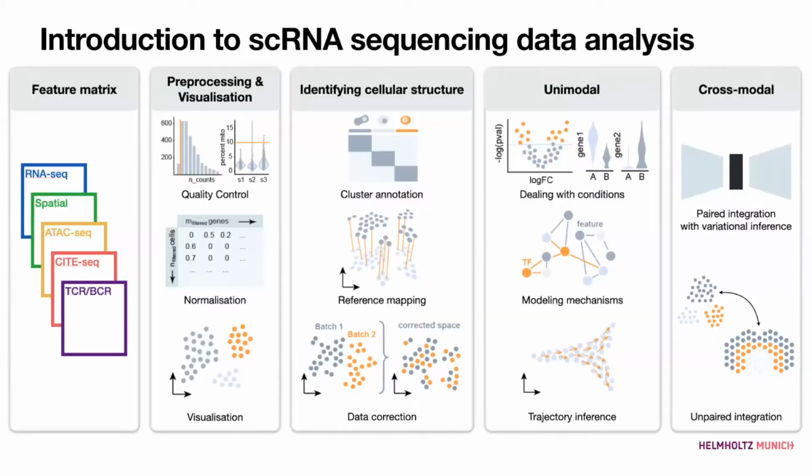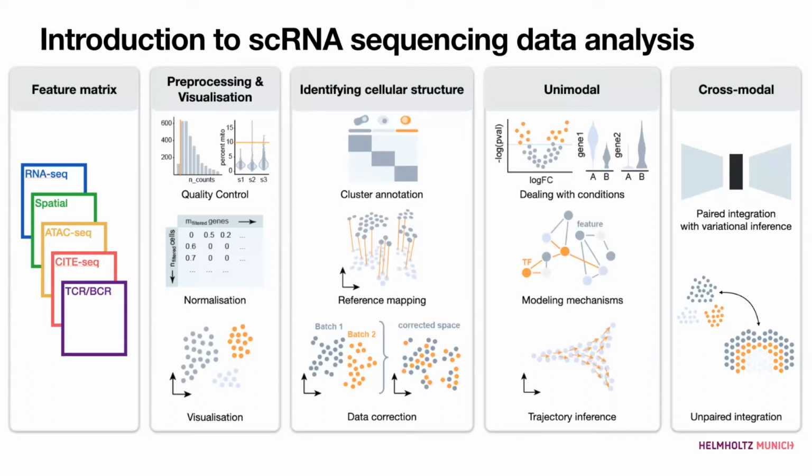So this is a basic overview of what you essentially do with single cell RNA sequencing data. First, we start with a feature matrix. This can contain loads of different types of data.